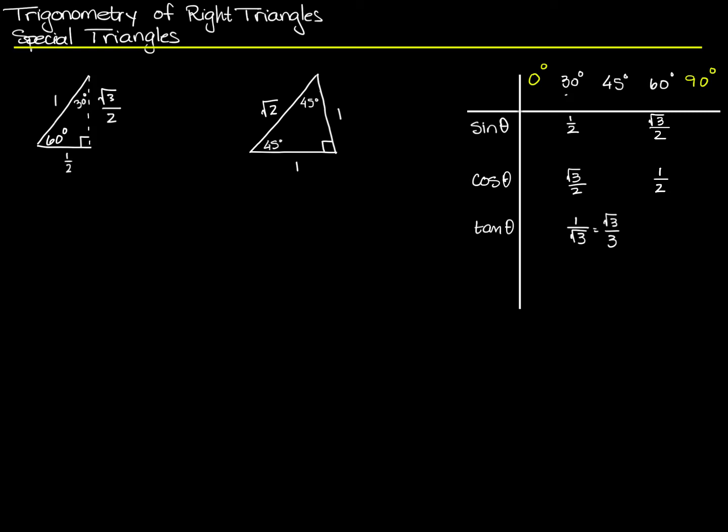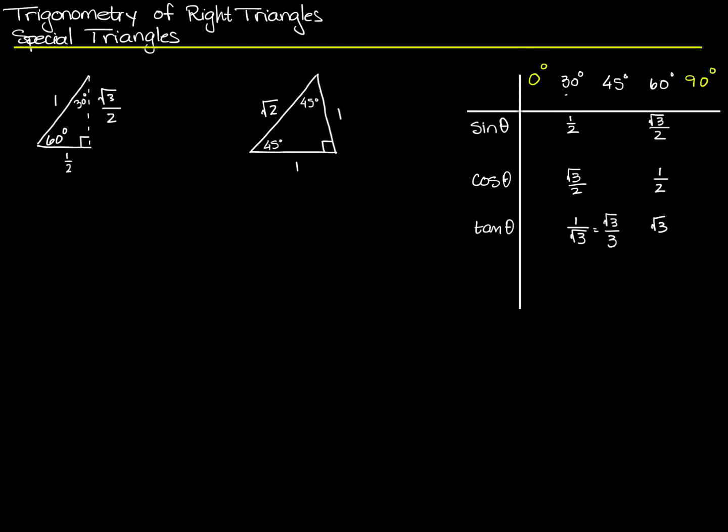And the tangent is opposite over adjacent, or root 3 over 2 divided by a half. This time I get root 3 over 2 times 2 over 1, that's the square root of 3.